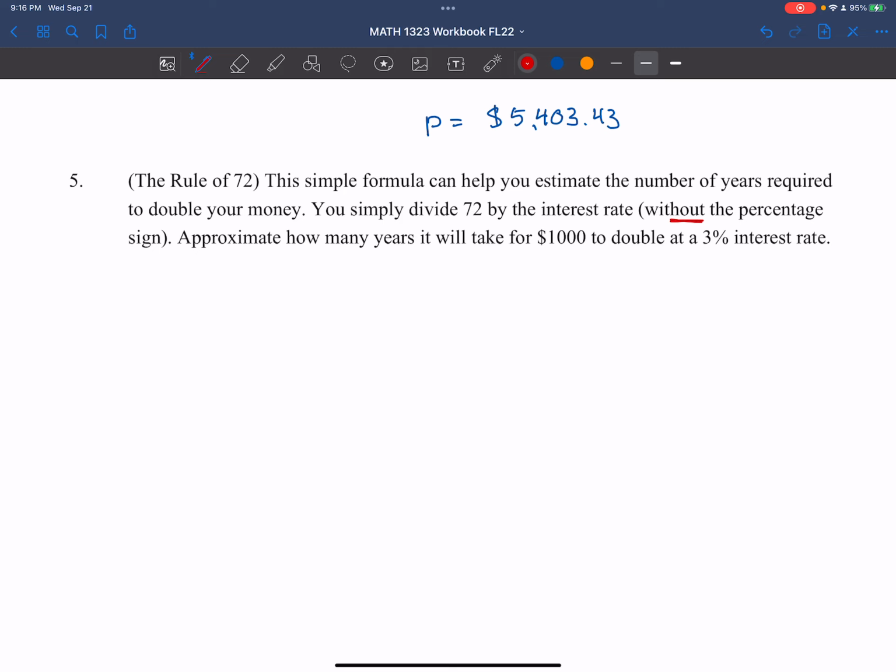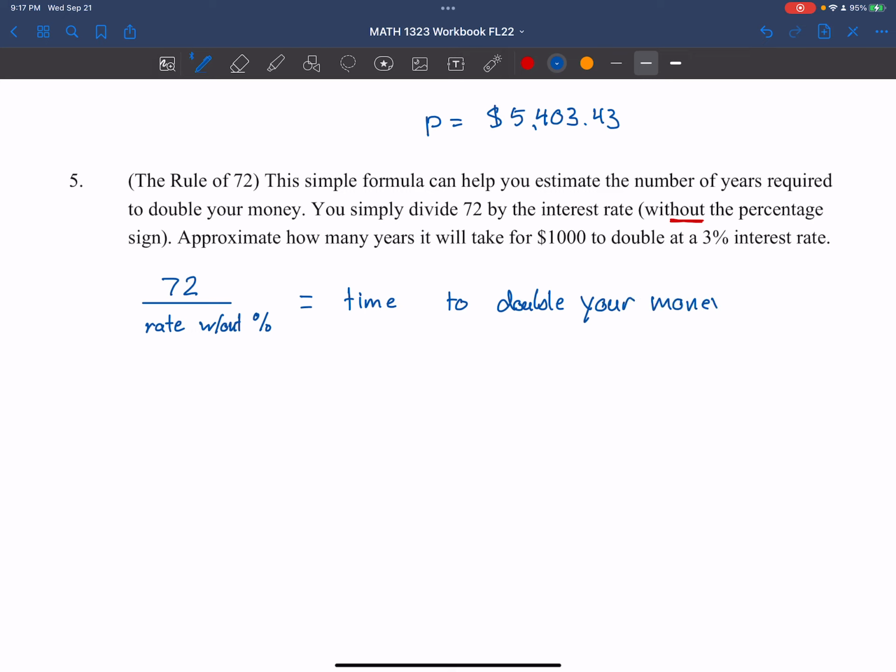You just do 72 divided by the rate without the percent. So it feels a little bit different, and this will tell you how long it takes, or the time in years, to double your money.